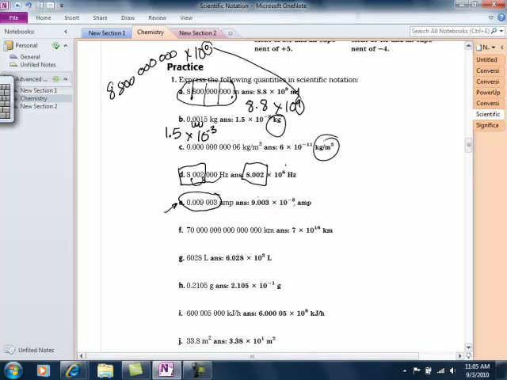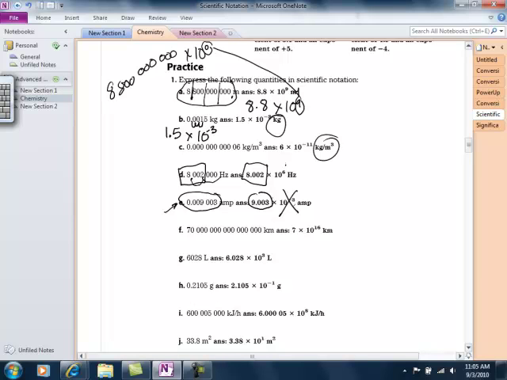So my answer better have 4 significant digits. This is where Chelsea was going with the 520 and the 5.2 or whatever it is. So my significant digits are there, 9.003. But I also have to, so this has nothing to do with significant digits whatsoever.